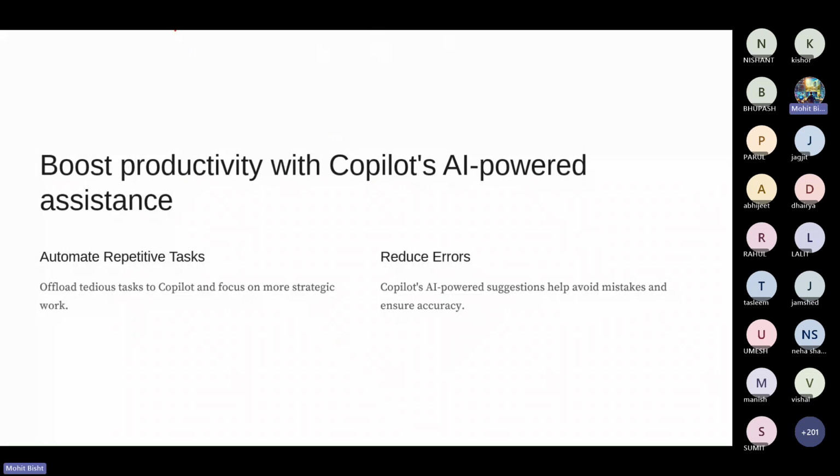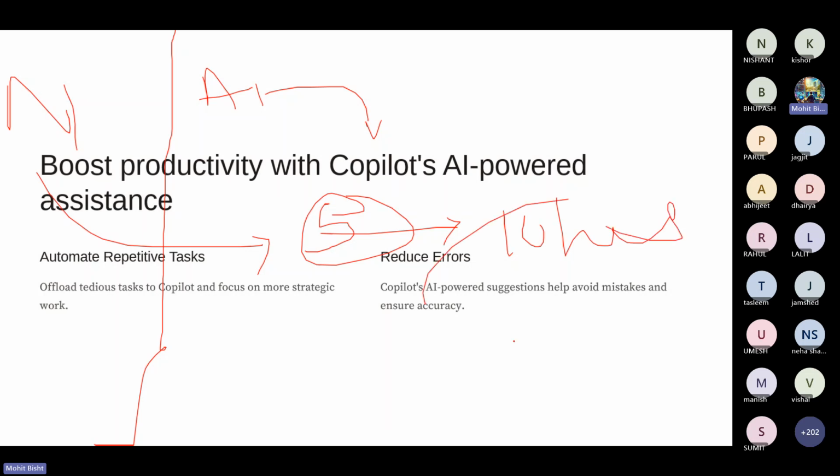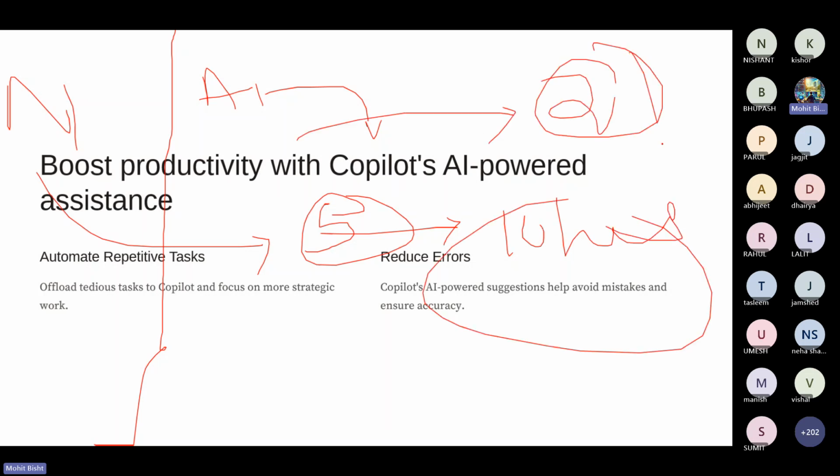Let me draw this. Suppose this is a normal person and this is a person using an AI-powered Copilot. The normal person is making content, writing mails and other things, and doing repetitive or unstrategic tasks, using maybe 10 hours a day. But with this, you can do it in 2 hours, or 1 hour.